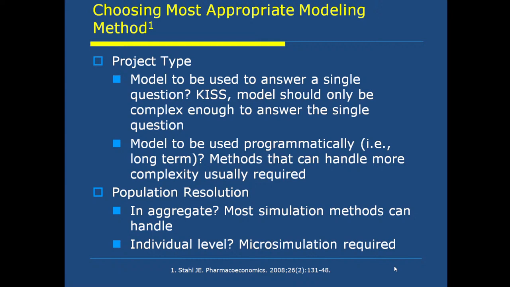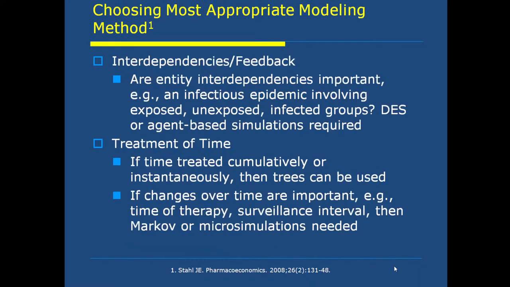Methods that can handle more complexity are usually required. Population resolution: do we need to use this model in aggregate? Most simulation methods can handle that. If we need individual level, microsimulation is required.